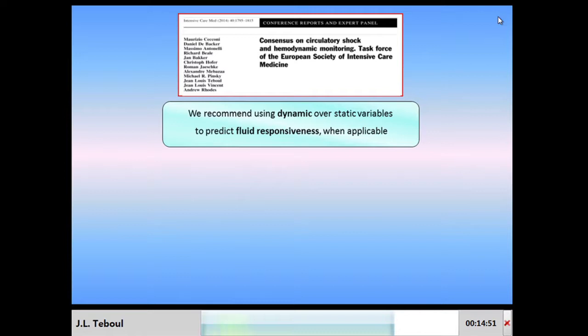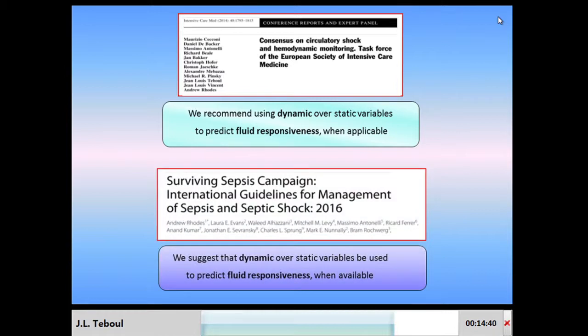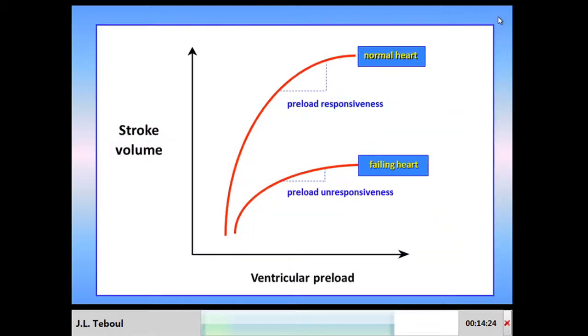It is not recommended by this consensus conference report, which was organized by the European Society of Intensive Care Medicine, and it is not recommended now by the Surviving Sepsis Campaign guidelines, the recent ones published some weeks ago. So it is recommended to use dynamic instead of static measures of preload. So what are dynamic indices?